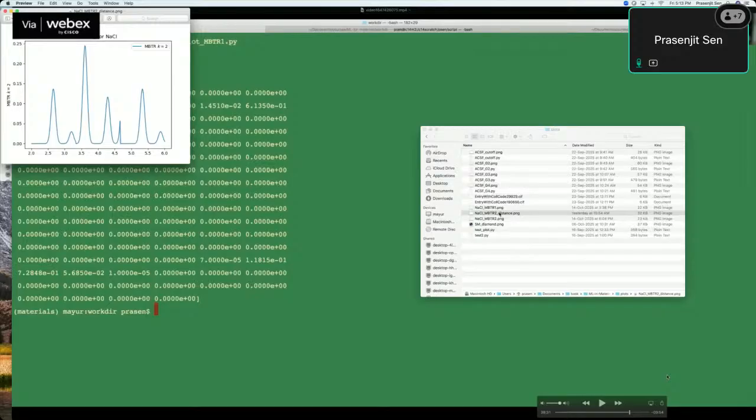Then the second peak would be between two chlorine or two sodium atoms, I believe. And that distance happens to be around 3.9, if I'm correct. It's somewhere around between 3 and 4. So I see a small peak here. Then there is a peak just above 3.5.